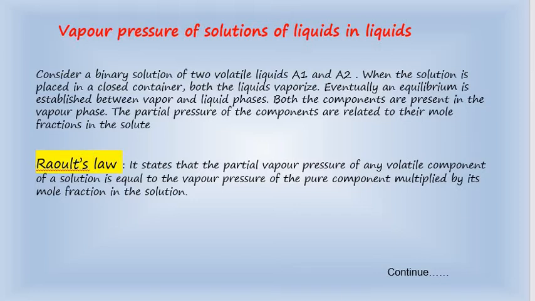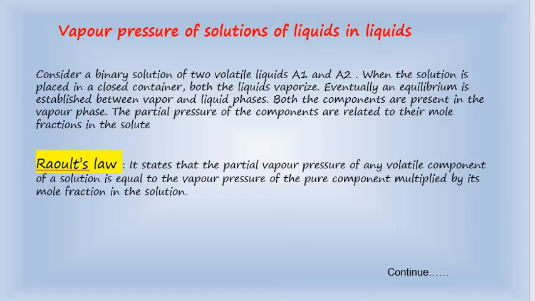Here we will consider one binary solution, and that binary solution is having two liquids, or you can say it is having two components, and these two components are A1 and A2. Both are volatile liquids.